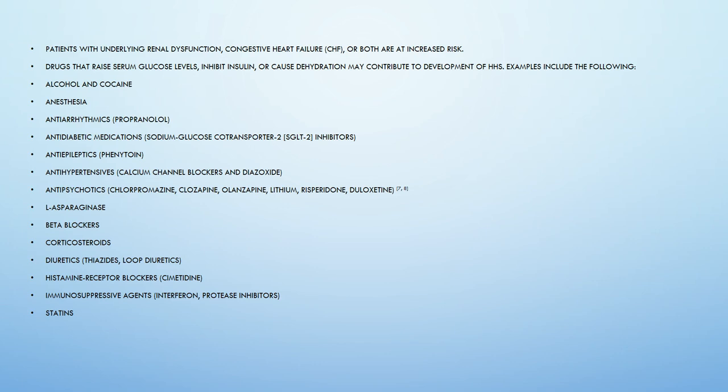Anesthesia, antiarrhythmics, antidiuretic medications such as, probably, Lasix, Aldactone, things like that, anti-epileptics, antihypertensives, antipsychotics, beta blockers, corticosteroids. We talked about the diuretics, histamines, and also statins. This is a lot of medications that are pretty common for everybody to take. So don't be surprised that, again, I think the book even says this is very rare in people, but when it happens, it really truly does happen pretty hard.